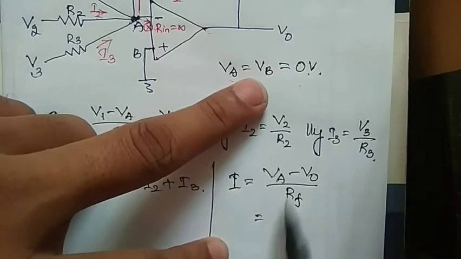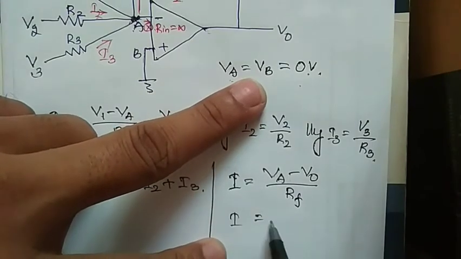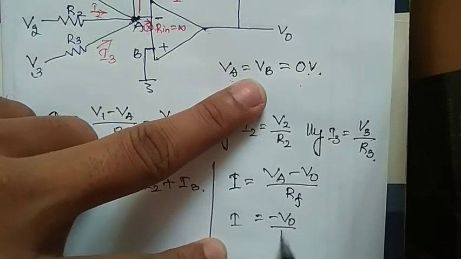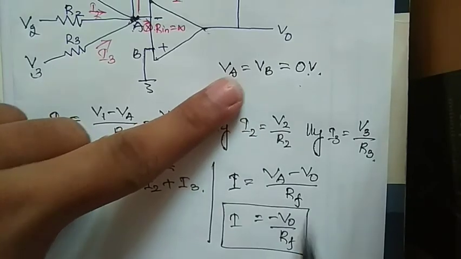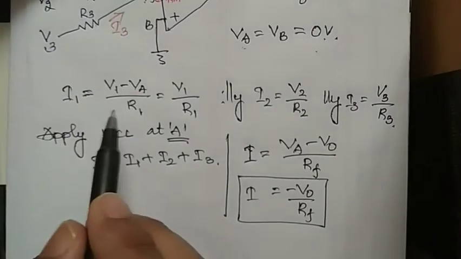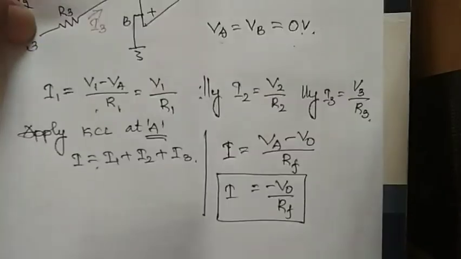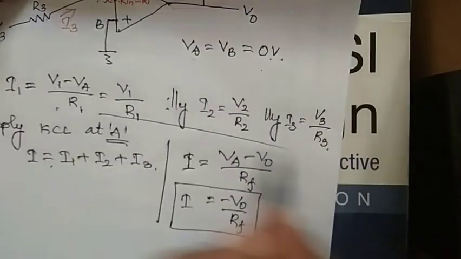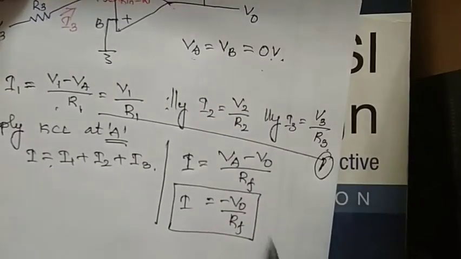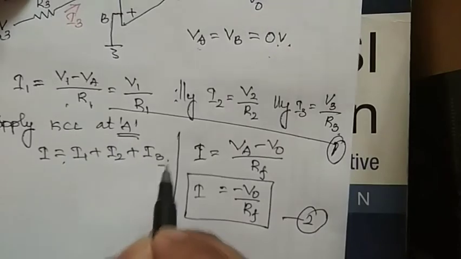So it means 0 minus V0, that is I equals minus V0 divided by RF. Now substitute all the equations in this I equation. Let me consider the earlier equations as equation number 1 and equation number 2, and substitute in equation number 3, right?